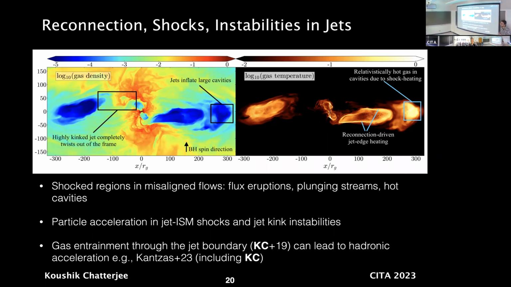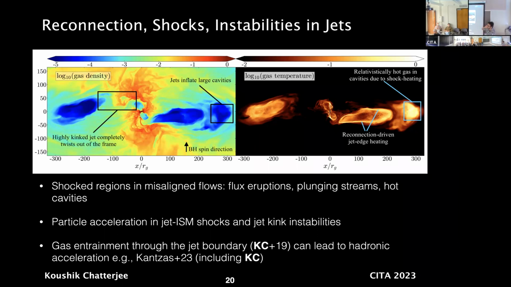So maybe an obvious question, but how do you check that all of that, like these cavities, is unbound from the system? Like how do you check if they will fall back into the central black hole? The easiest thing is to look at a movie and see what these cavities do.